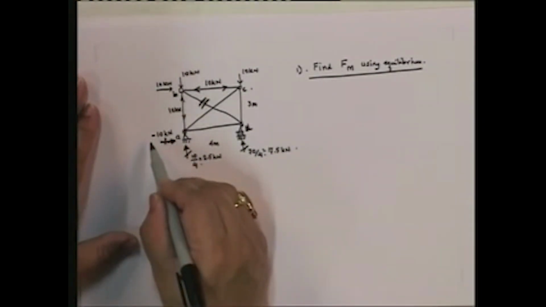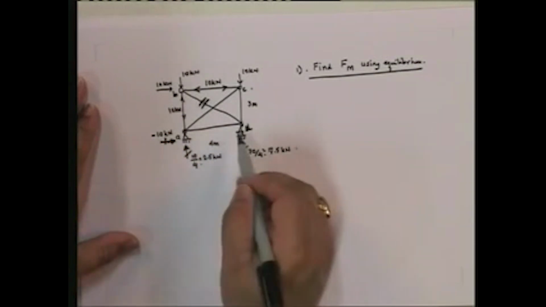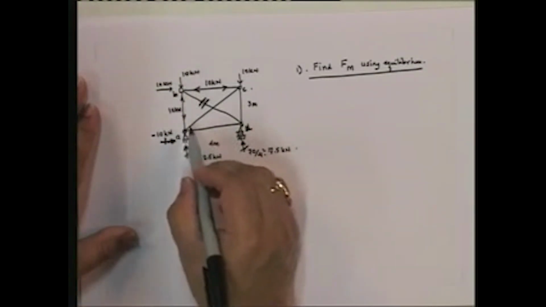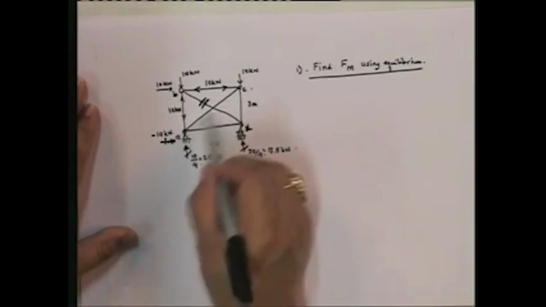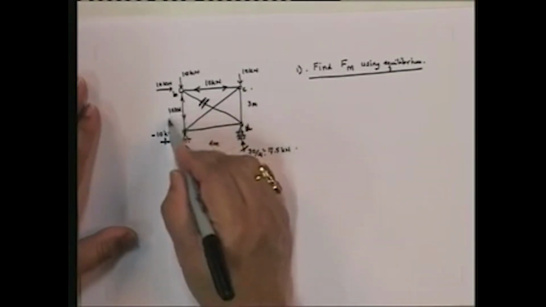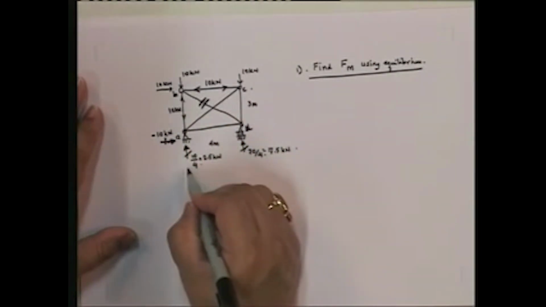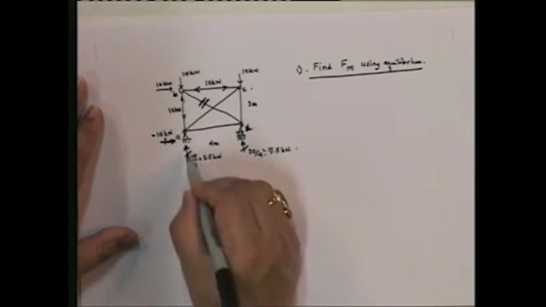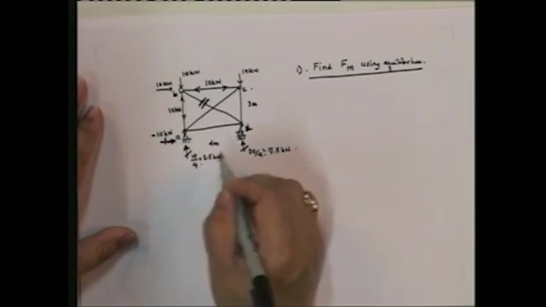And similarly the vertical component of AC plus this 10, which is downwards, minus this 2.5, which is this way.